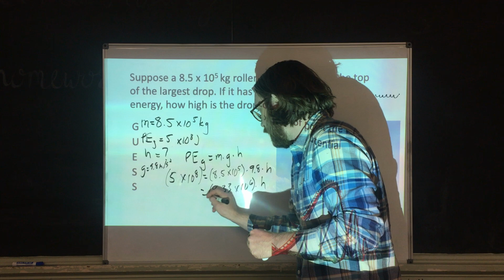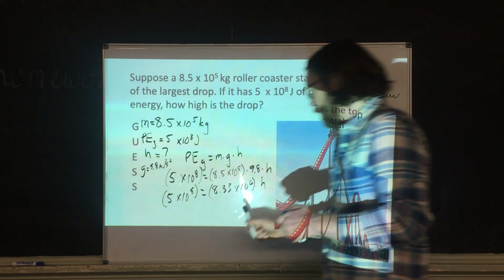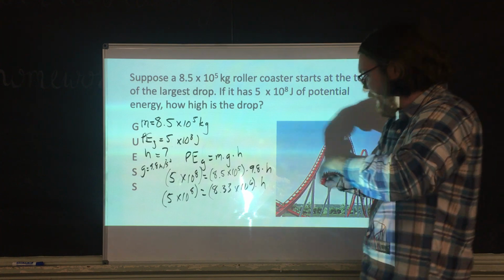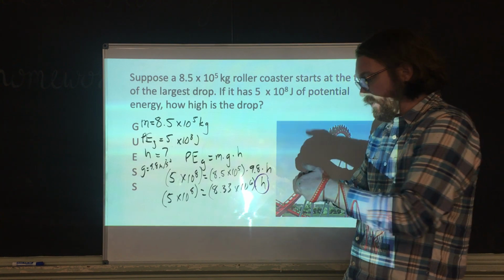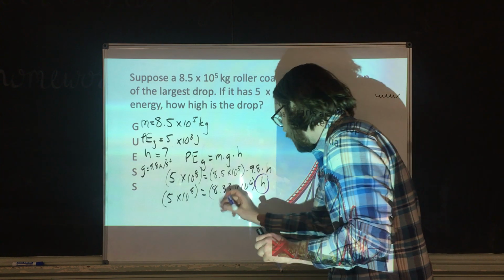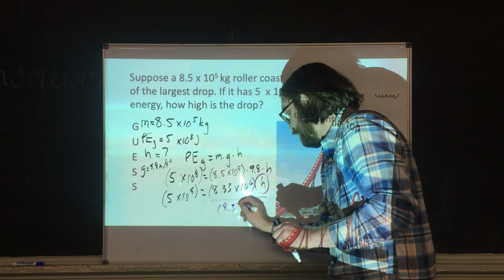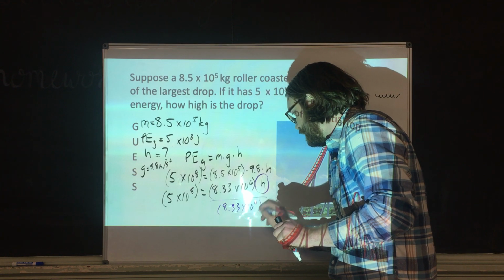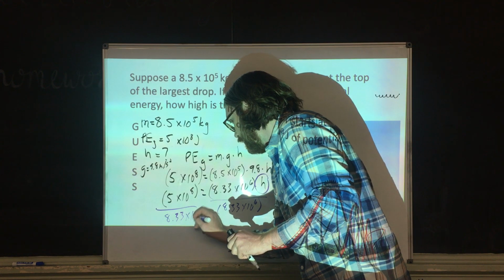Bring down the other side, 5 times 10 to the 8th. Now, here we want to get the height by itself. That's what we're looking for. This is multiplication, so we do the opposite, which is dividing, and we're going to divide by 8.33 times 10 to the 6. Whatever you do to this side, you have to do to this side.